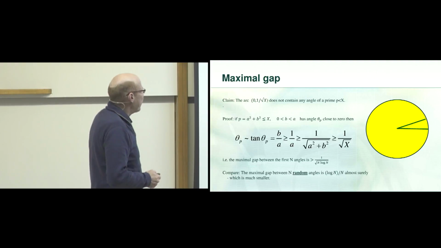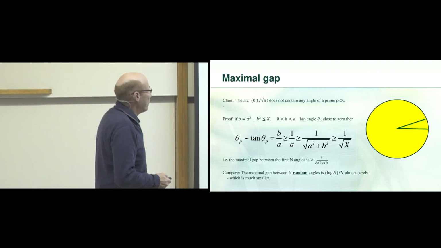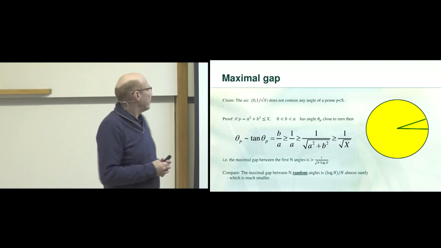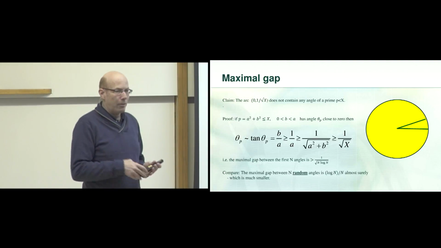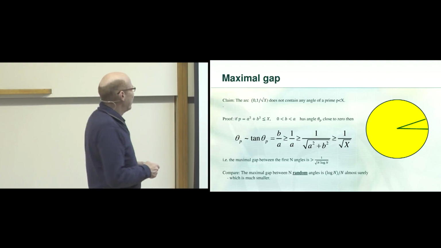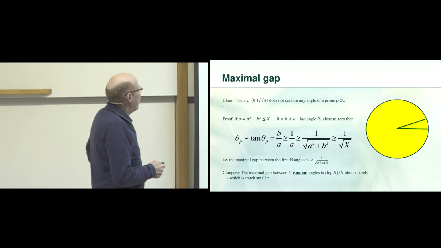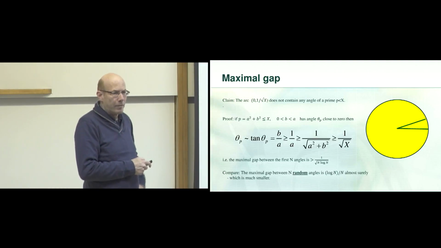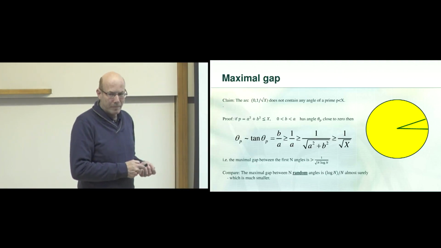Now here, the maximal gap is at least 1 over n to the half, so much, much bigger. And here's the argument. It took me longer to describe the result than to prove it. So you write the prime as the sum of two squares. Let's look at primes up to x. The number of such primes is roughly x over 2 log x.